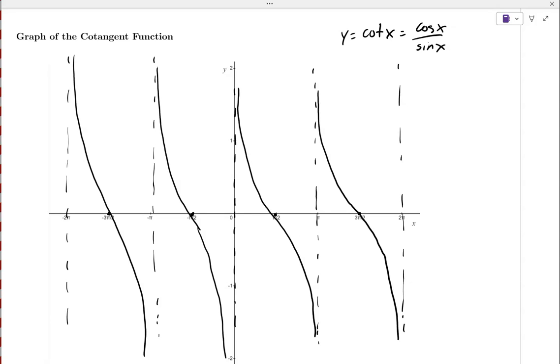All right, so let's write some basic properties here. Your x-intercepts now are the odd multiples of pi over 2.